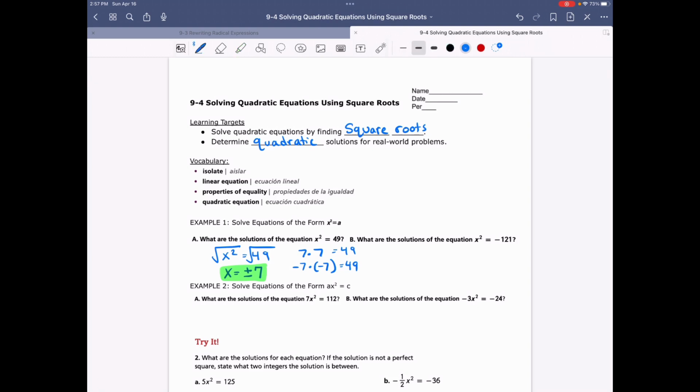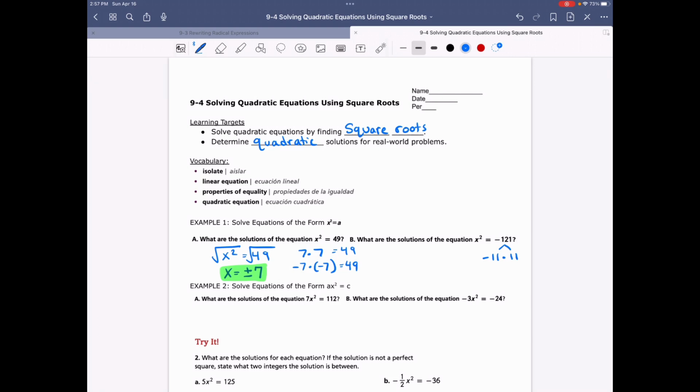What are the solutions of the equation x squared equals negative 121? Well, the square root of 121 is 11 times 11. But to get it to be negative, it would have to be a negative. And now it's not a square root because those two answers are different.